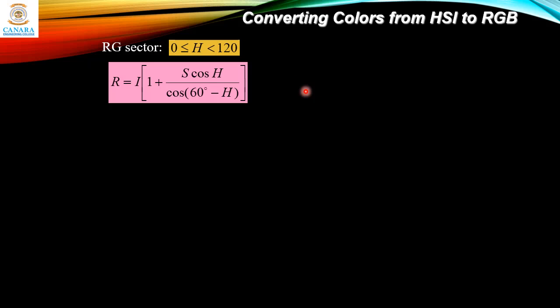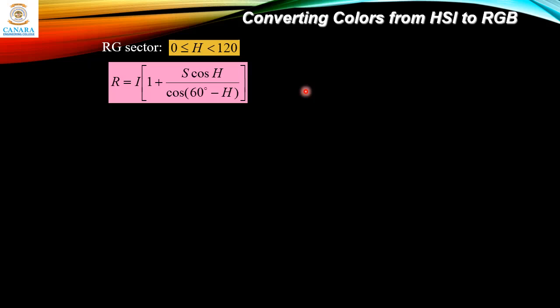Now let us see how to convert from HSI to RGB. Here we need to first check which sector the color is falling in. If it is in the RG sector, that means the H value, the angle of H, is between 0 and 120 degrees.